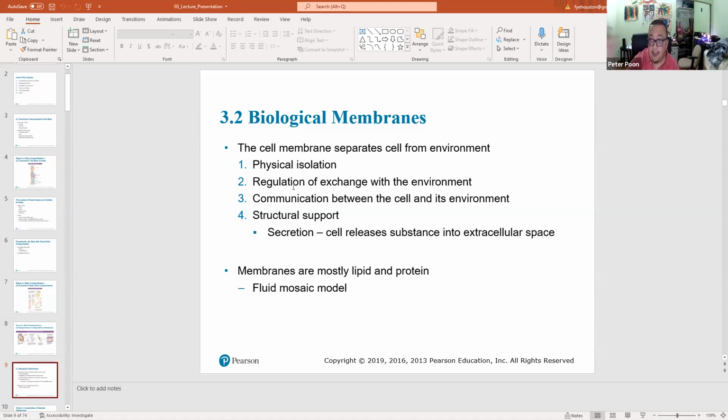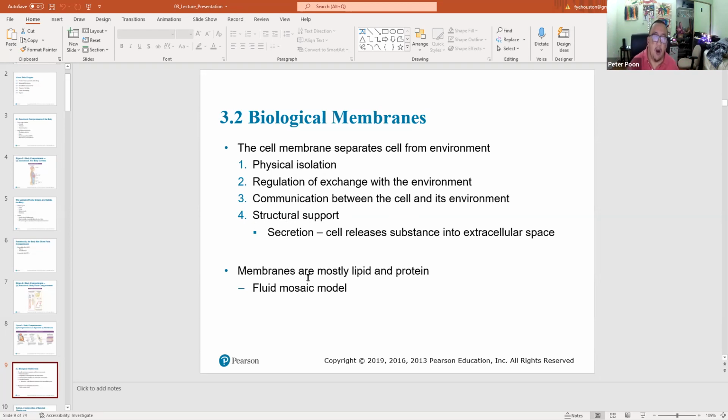I know what's on the outside and what's on the inside, so I can regulate which way they go. Last but not least, structural support: the physical purpose of having a membrane helps hold the cell in. And then secretion, it allows certain things to be pushed out.